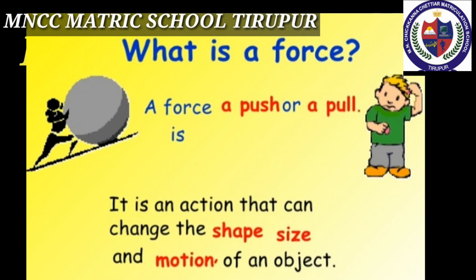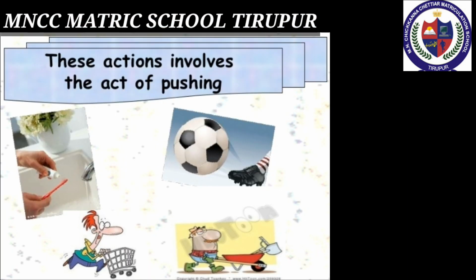Next, we'll move on to force. What is a force? A force is a push or a pull of an object. It is an action that can change the shape, size, and motion of an object. Look at the picture. What kind of actions do the pictures denote?